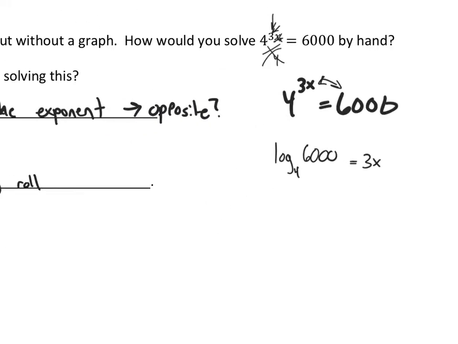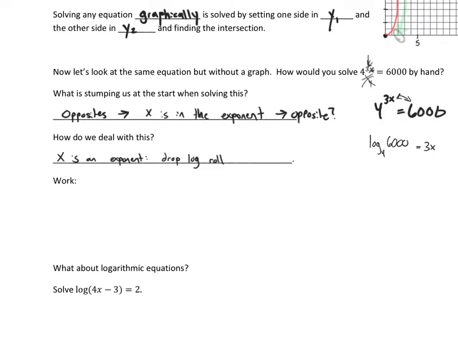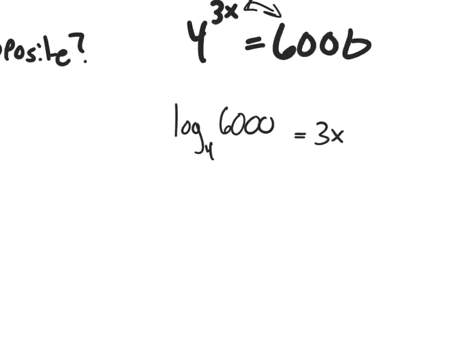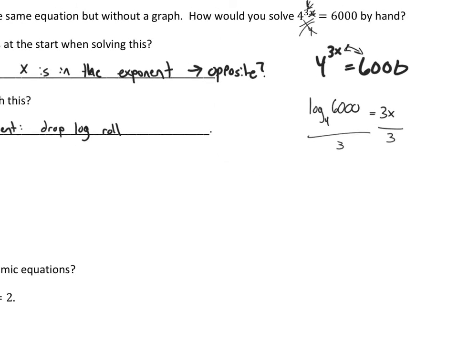That's the opposite of x in the exponent. If x is in the exponent, drop, log, and roll is the opposite that helps get us down. And now, once we have x down, we are able to divide both sides by 3. So our x is going to be equal to log base 4 of 6,000 divided by 3.